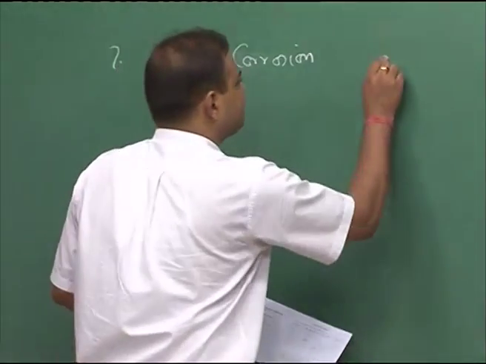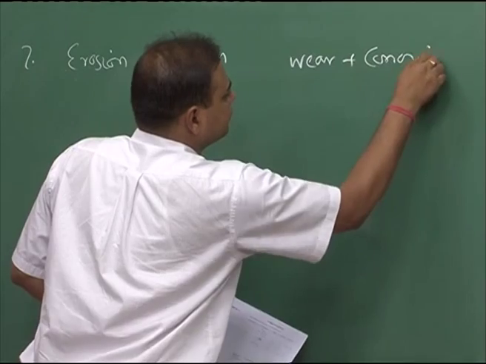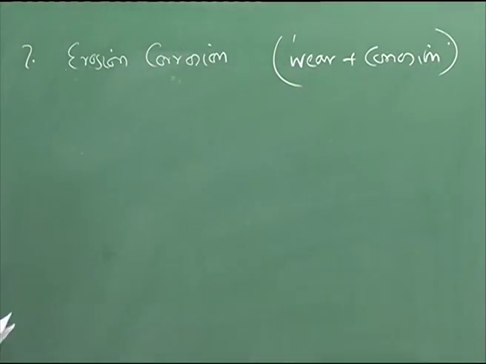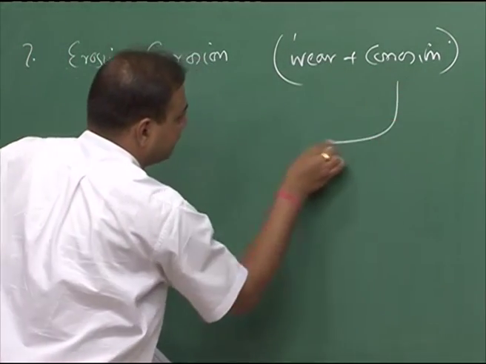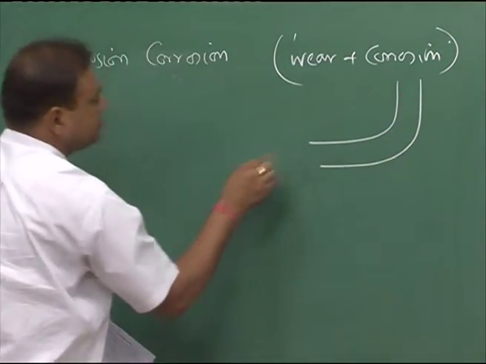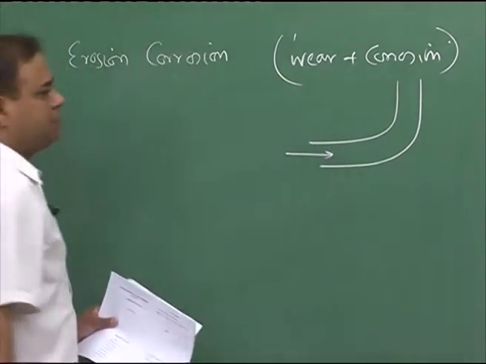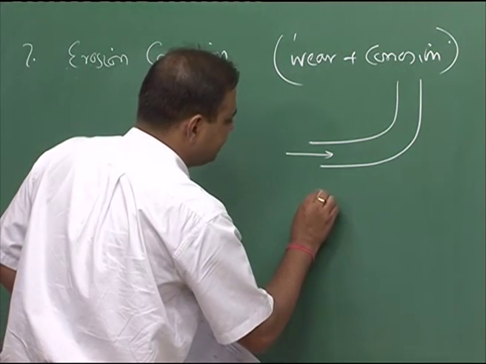So, wear plus corrosion, these two are combined in erosion corrosion. Let us say we have a pipeline, and through the pipeline water is flowing, and let us say the water contains a lot of dirt particles.